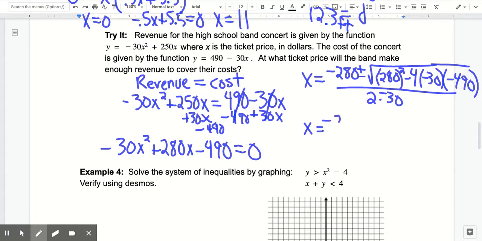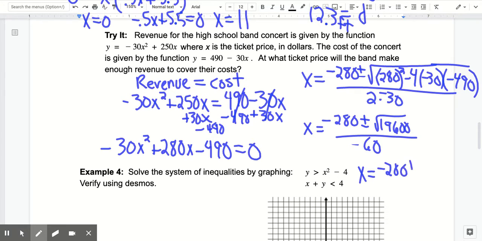All right, so we get negative 280 plus or minus. The part under the square root, you're going to go straight to your calculator with. We get 19,600 over negative 60. Is that a perfect square? Oh, it is. I guess we could have factored this. Nobody wants to factor that. That would have been a mess. So negative 280 plus or minus 140 over negative 60.